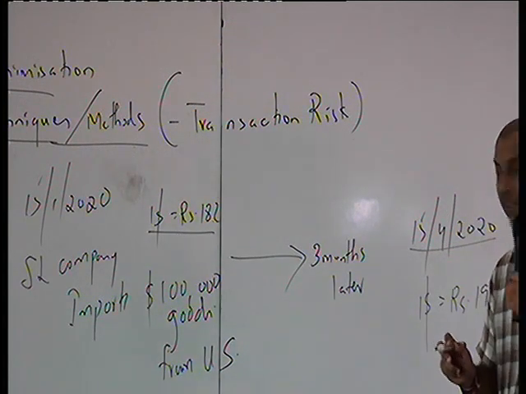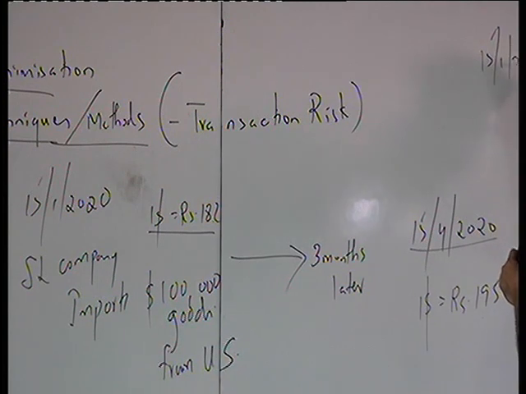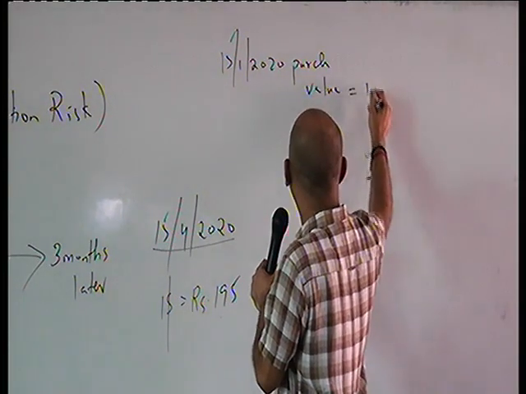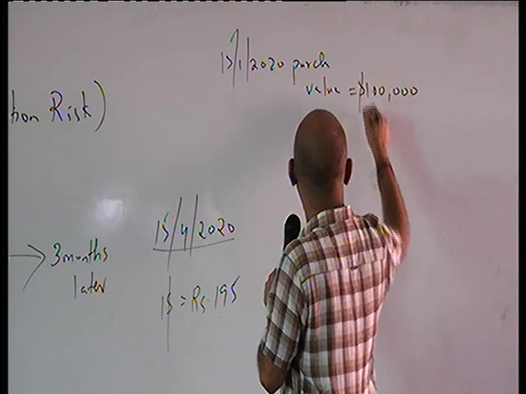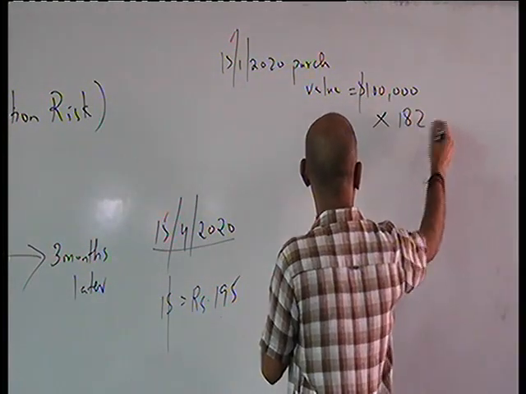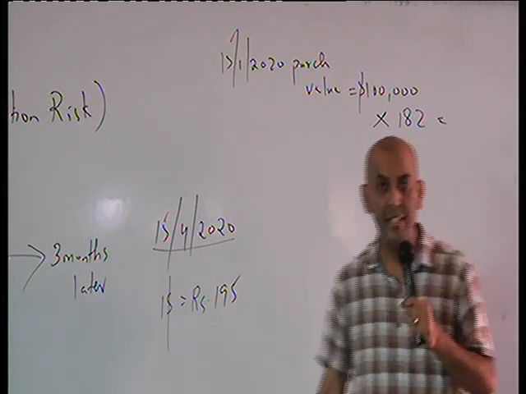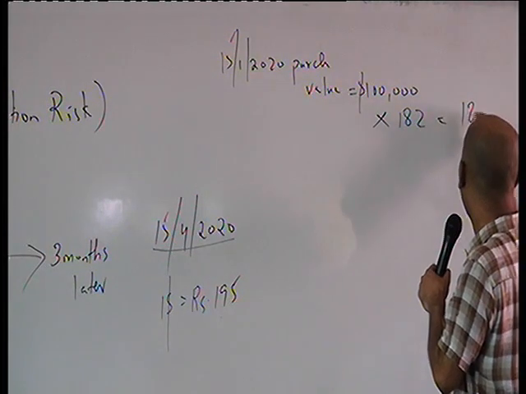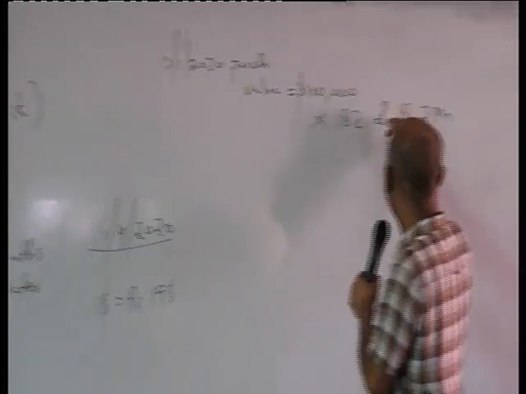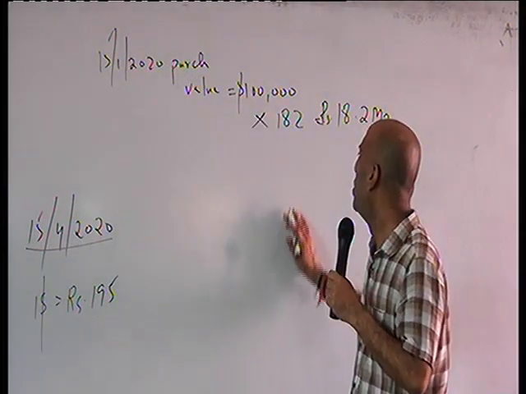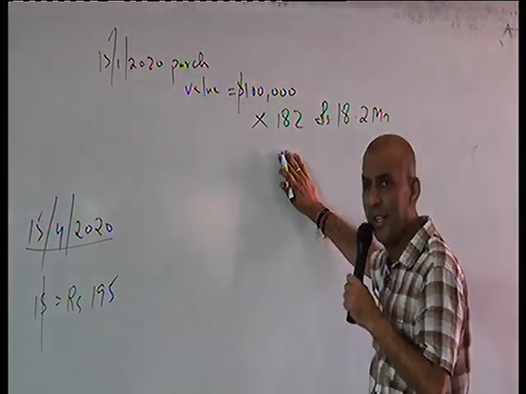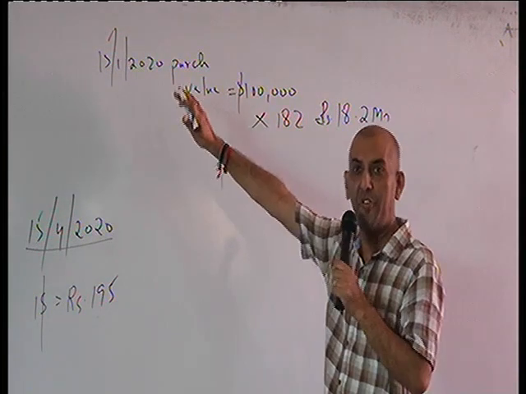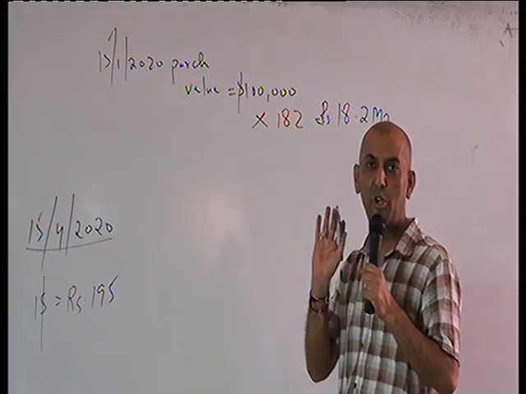So when I buy, actually on 15th of January 2020, purchase value is $100,000 into 182, which is how much? 18.2 million rupees. 18.2 million rupees I have to spend. I am taking as my cost of purchase on 15th of January 2020. This is my cost of purchase.